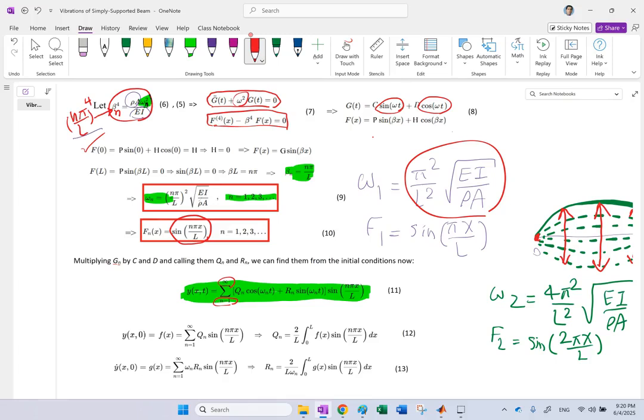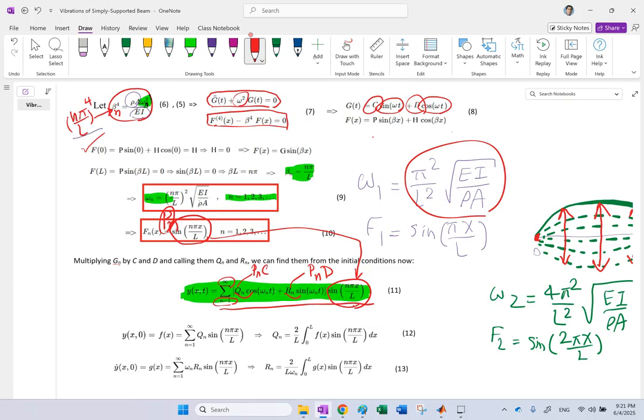Then the constants P times C and P times D, if you call them Q and R, so Pn times C is Qn, and Rn is Pn times D, then this is your total solution. This is your mode shape here, and these are the solutions for the time.